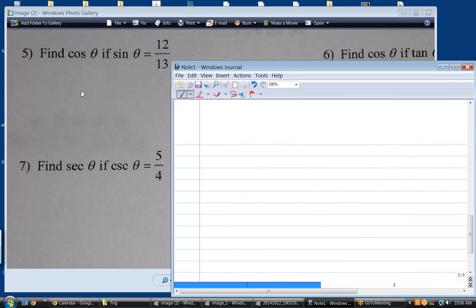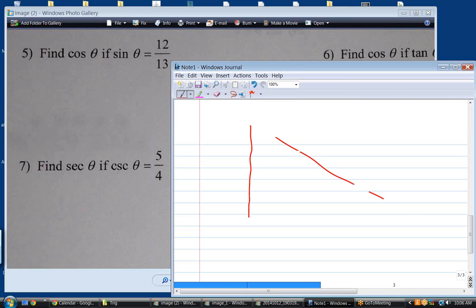This case here is the case where they are giving you one trig function and they're asking you about others. If you have one trig function, you can give all 6 trig functions. What's the first step here? Make a right triangle.